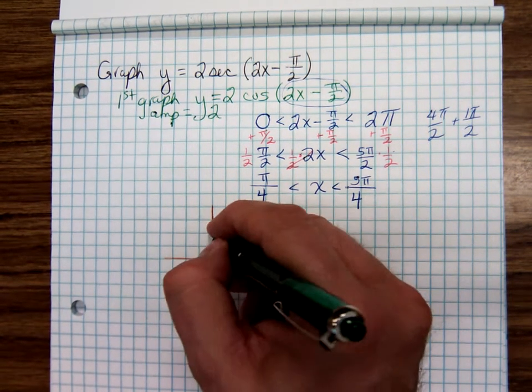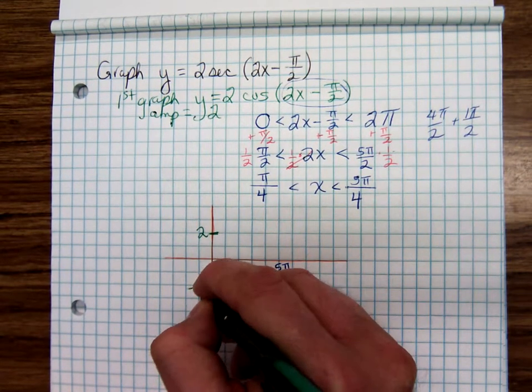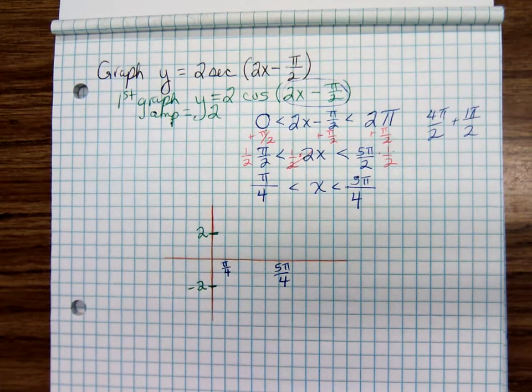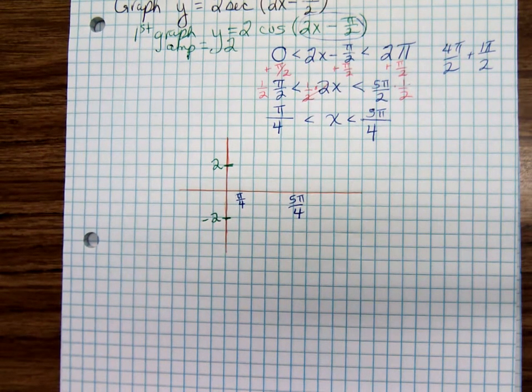Amplitude is 2, so it's bouncing between 2 and negative 2. So this is cosine. Is cosine the one that starts up at the top, or does it start on the x-axis? Yeah, so it starts right here.